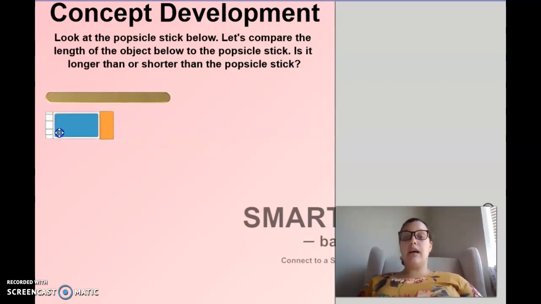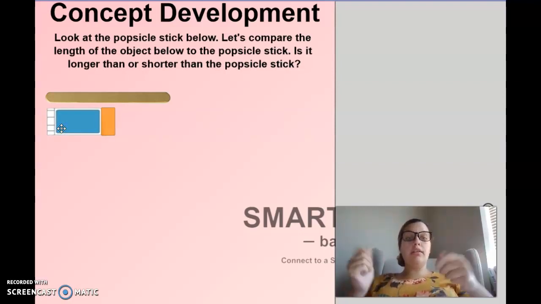We need to line those objects up. Very good. So the glue stick is longer than the popsicle stick, or the glue stick is shorter than the popsicle stick. What do you think? The glue stick is shorter than the popsicle stick. Good job.